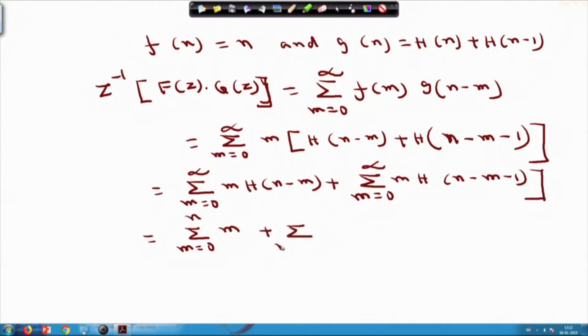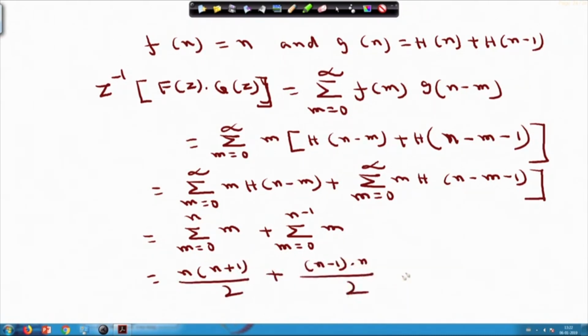Similarly, here for m equals 0 to n minus 1 it is 1, for other values it is 0. So, m equals 0 to n minus 1 of m. If I evaluate, this is n into n plus 1 by 2 plus n minus 1 into n by 2, and if I simplify this, I will obtain the value as n square.